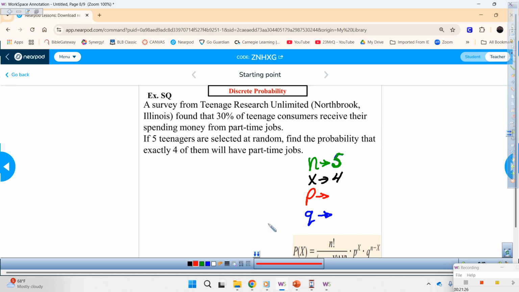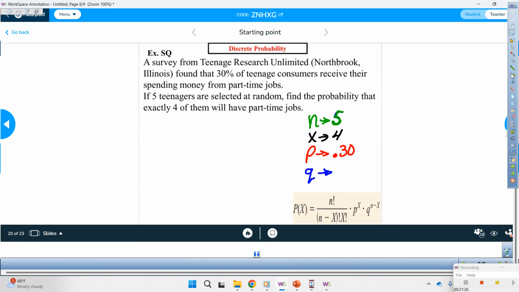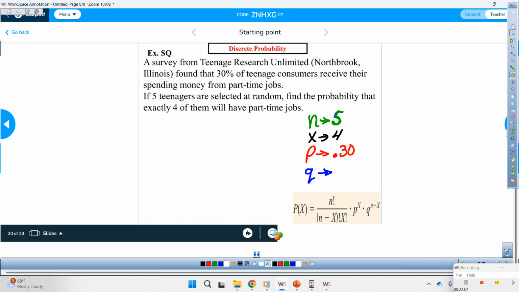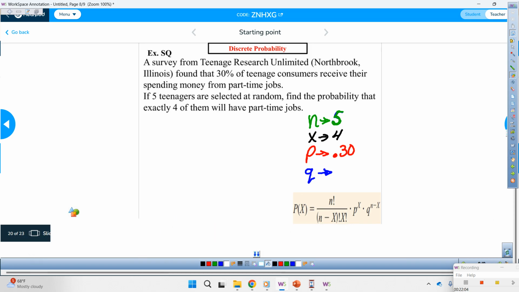Pass someone, Logan, for P in decimal form. Sam. 0.3 or 30%. And Q, what did you get for Q? Austin T. 0.7, all right. Man, Austin T's on the ball.